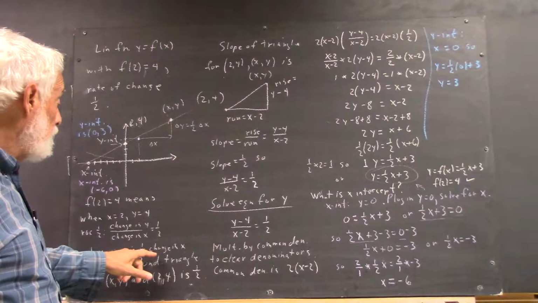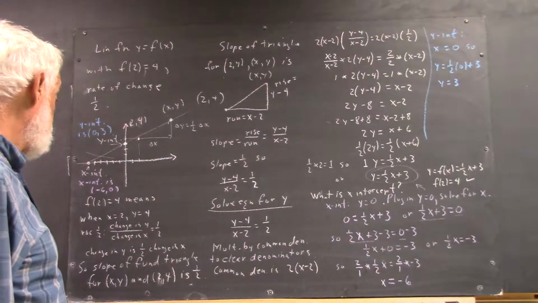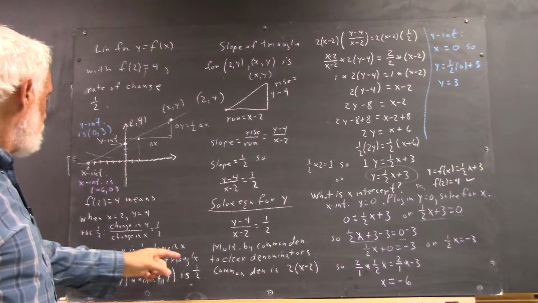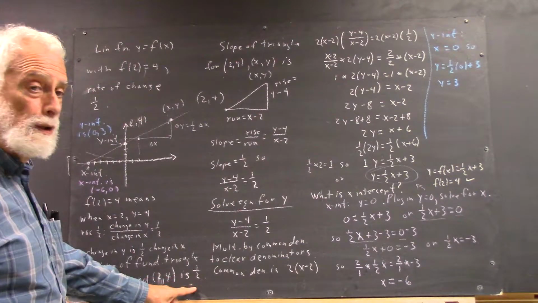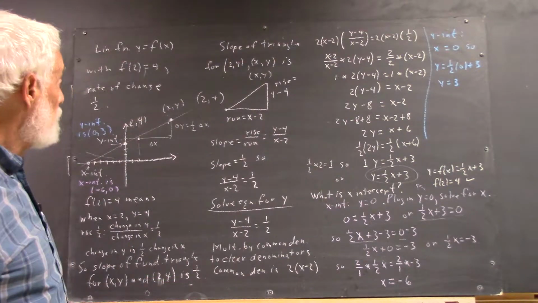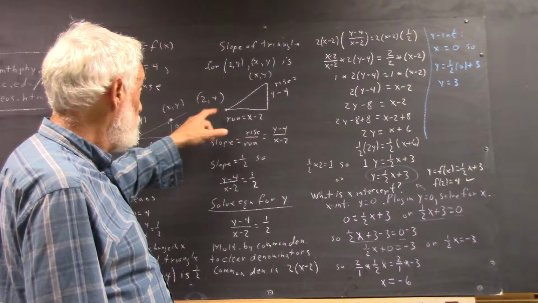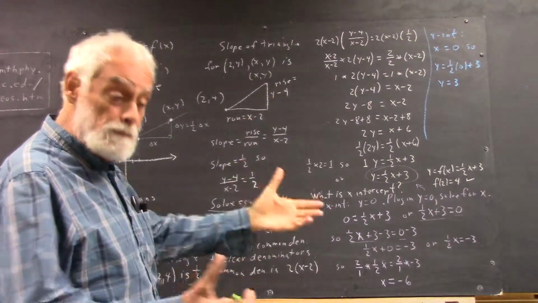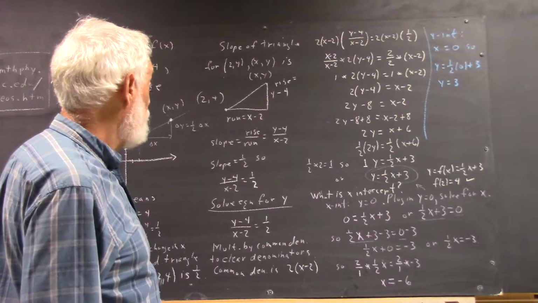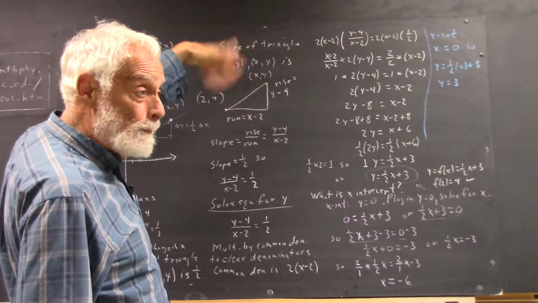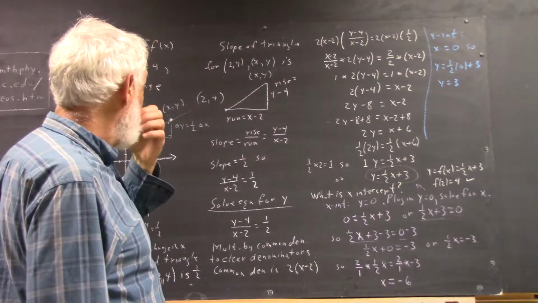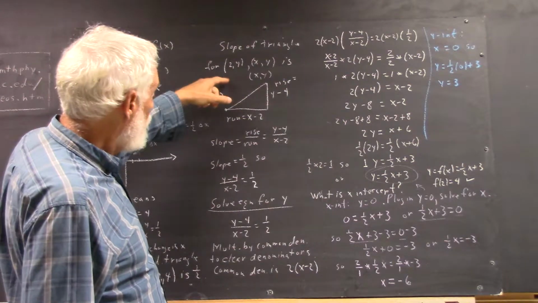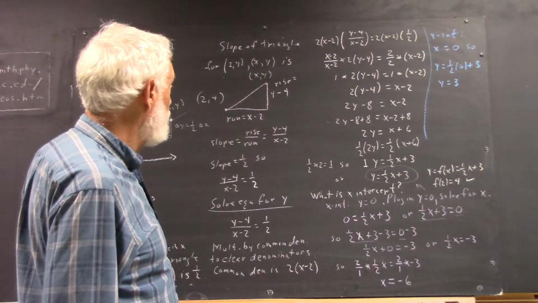So change in y is 1/2 of the change in x, meaning the slope of your fundamental triangle has to be 1/2. Here's our fundamental triangle between (2, 4) and (x, y), between our known point and our arbitrary point on the graph of this function. The slope of this triangle has to be 1/2.